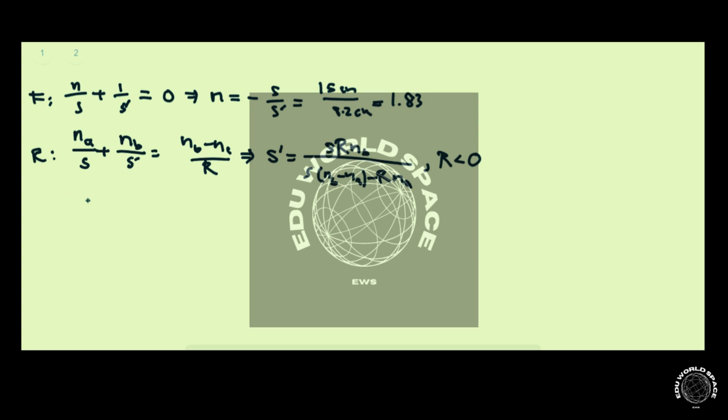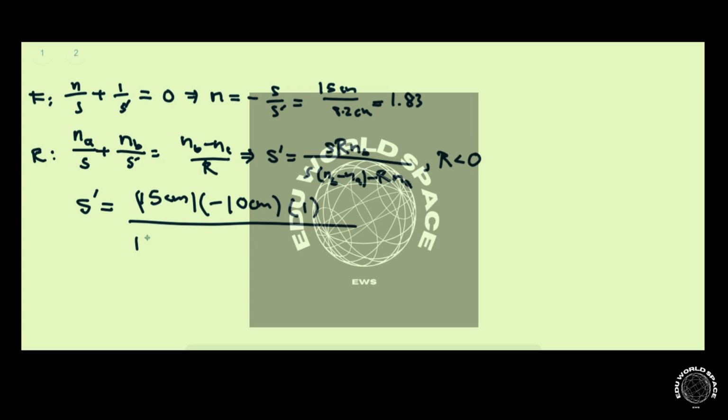So let's just plug in the numbers now. S primed is equal to S, which we know is 15 centimeters, R is negative 10 centimeters, and NB is just 1.